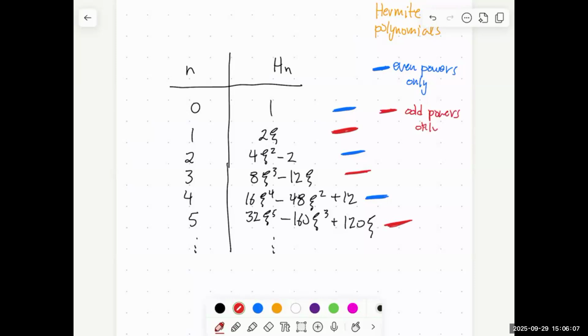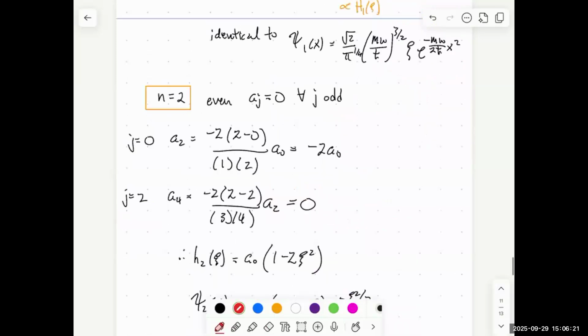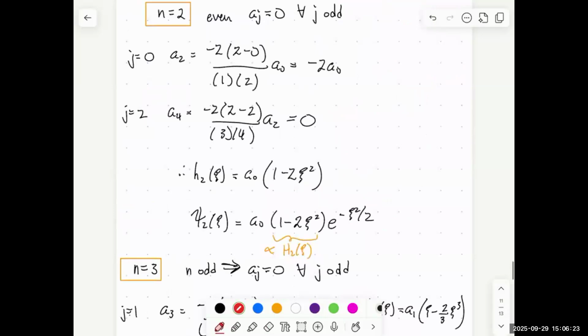Now, these numbers, the coefficients, are not the same coefficients that we wrote down. Let's look at the n equals 2 case. We have a 4 minus 2. But if we look at our n equals 2 solution, actually, sorry, it was 4z squared minus 2.